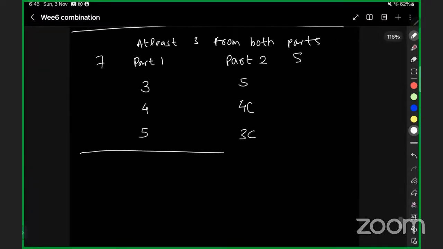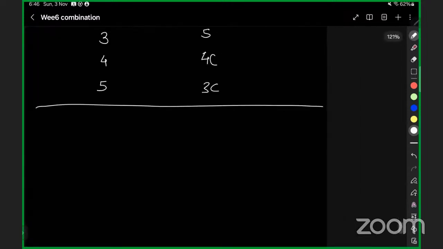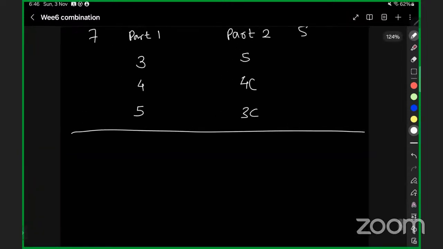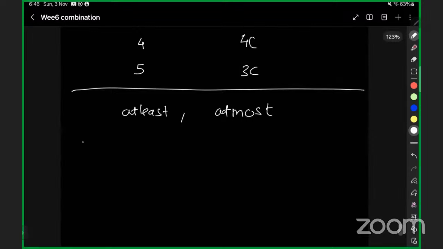Now there is one more thing I would give you as a suggestion. When you get an at least or at most question, one thing we can do is this: let's say there are total ways to do something.